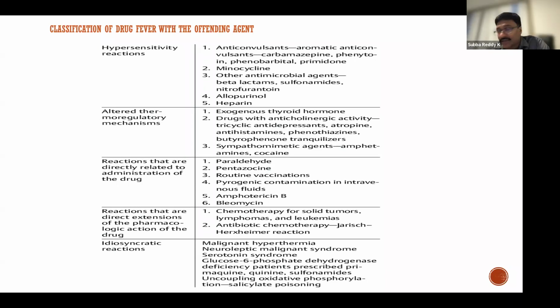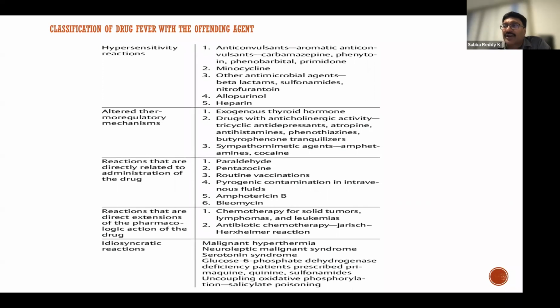And some drugs can increase heat production, like thyroxine. If the patient is taking thyroxine supplementation, again the heat production will be very high, and it can cause drug fever. And some drugs like pentazocine can also cause it.